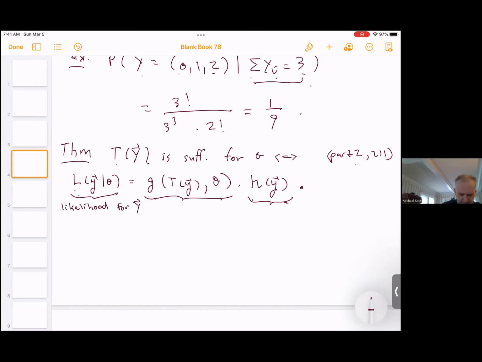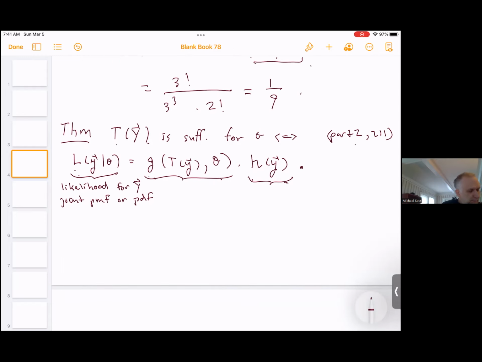This just means the joint PDF or PMF. It's a general way to write either of them, so it's the joint density or joint mass function. That's all it is, but it's nice to have one way to write it sometimes.